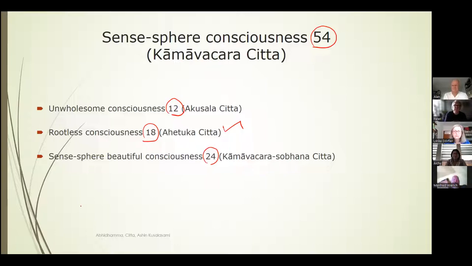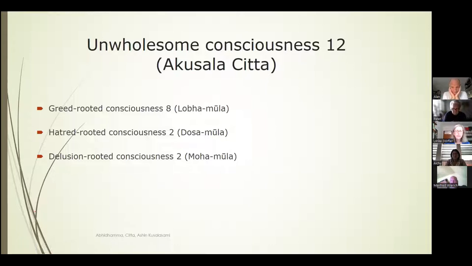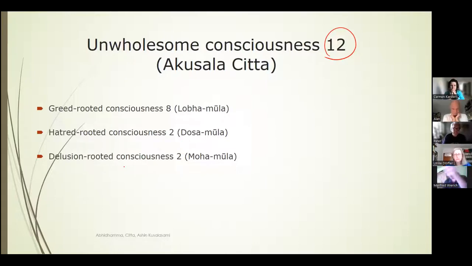So let us see these 12 that we have already discussed. Out of these 12 unwholesome consciousness, Akusala Chitta, there are 3 categories again. 8 greed-rooted consciousness, in Pali Lobha Mula, 2 hatred-rooted consciousness, Dosa Mula, and 2 delusion-rooted consciousness, Moha Mula.